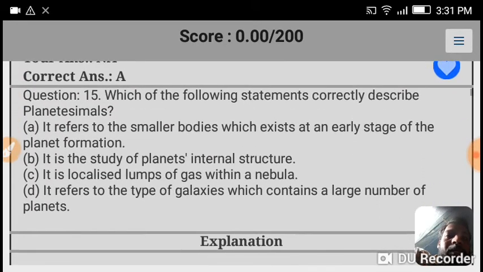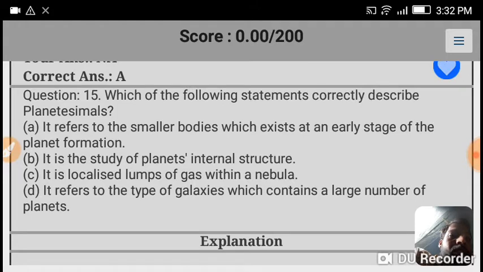Which of the following statements correctly describes planetesimals? Planetesimals refer to the smallest bodies which exist at an early stage of planet formation.